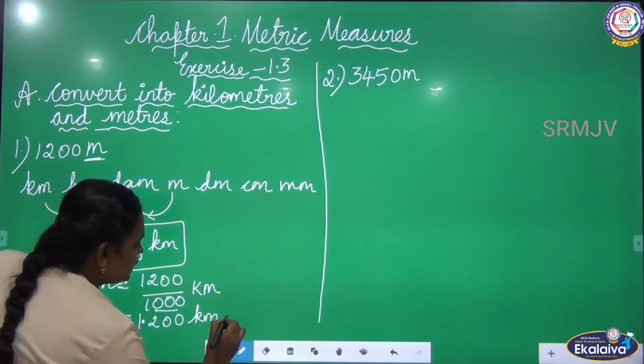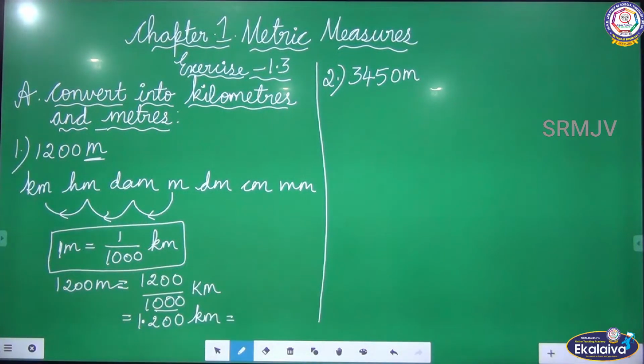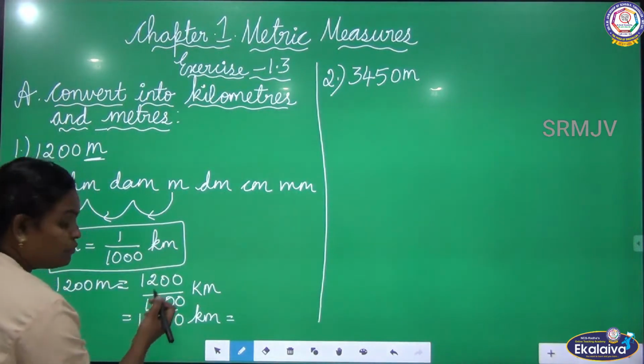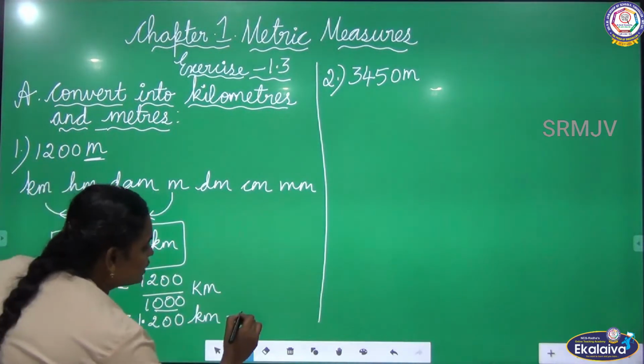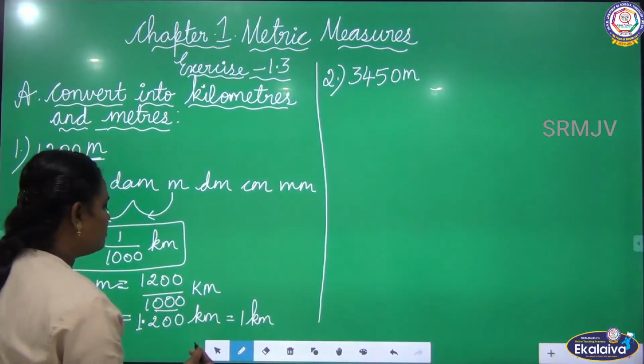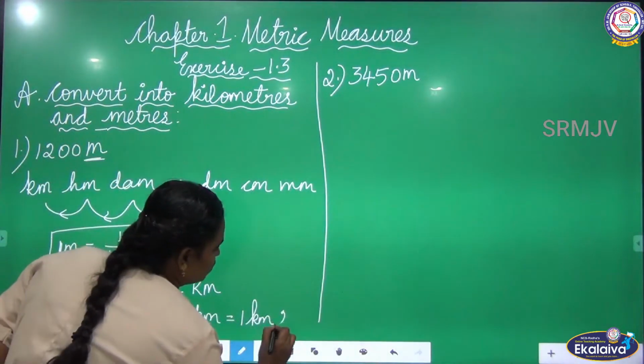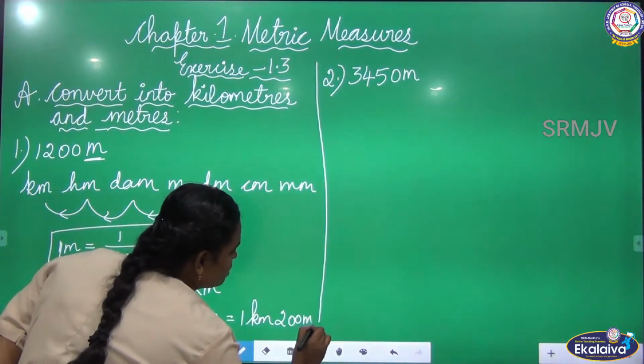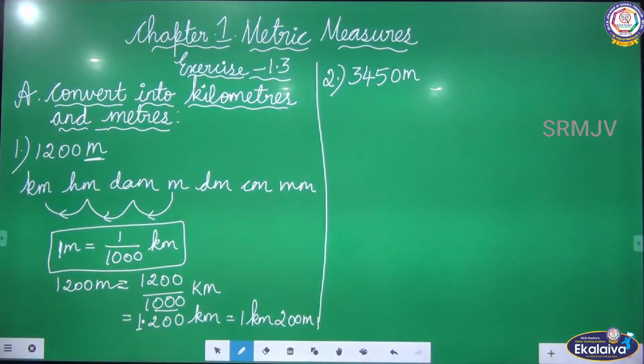So 1.200 kilometer. We write this before the dot, so this is 1 kilometer, and after the dot this is 200 meter. Both are equal. So 1 kilometer and then 200 meter.